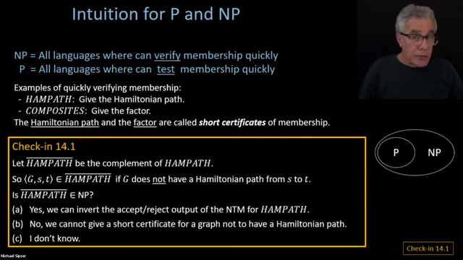So is that complementary problem in NP? For that to be the case, we would need to have short certificates of when a graph does not have a Hamiltonian path. So I leave it to you. There are three choices.